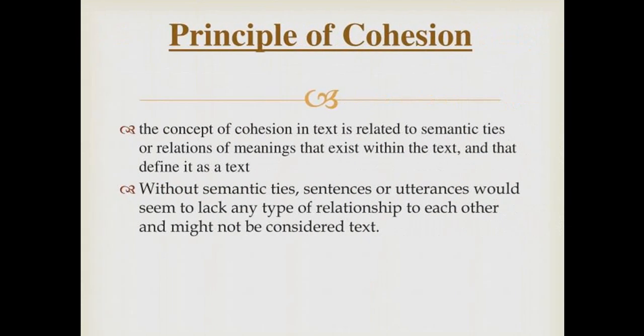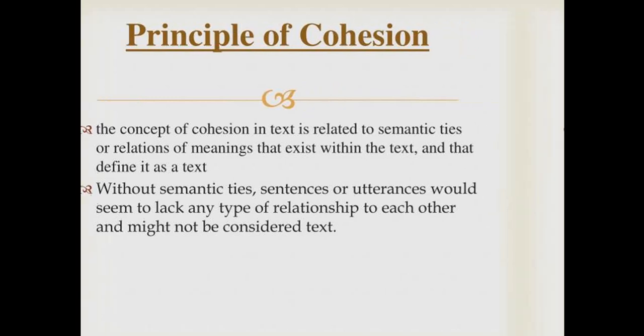The principle of cohesion. The concept of cohesion in text is related to semantic ties, or relations of meaning, that exist within the text and that define it as a text. Without semantic ties, sentences or utterances would seem to lack any type of relationship to each other and might not be considered as text.